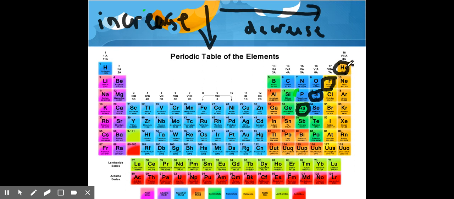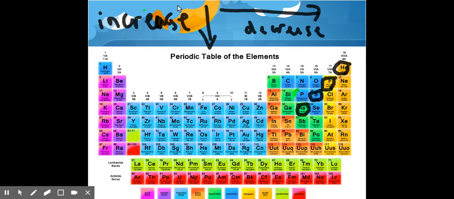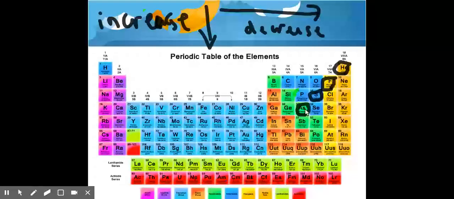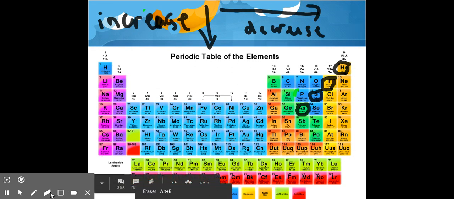Okay, again, the most important thing is determining which element is the furthest down, because it would have more electron shells. So helium would be the smallest, and arsenic would be the largest because we've gone down to the 4th period. We're filling the 4th energy level, whereas helium was only filling the 1st energy level. That one was pretty easy.